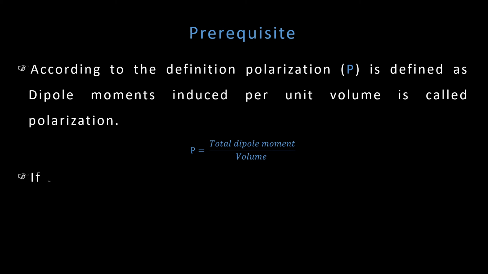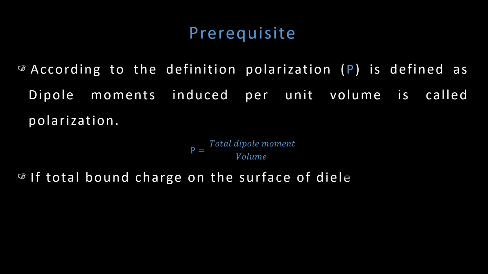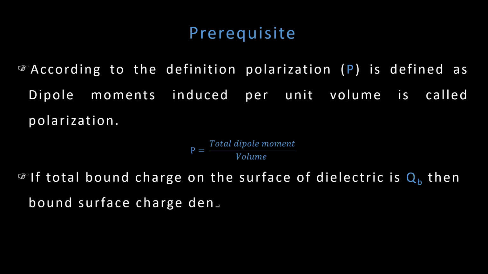And we also know that if the bound charge on the dielectric is QB, then the surface charge density due to this bound charge is given as sigma B, which is equal to QB by A. So we need to know just these two things, and with these two things clear, we are ready to go.